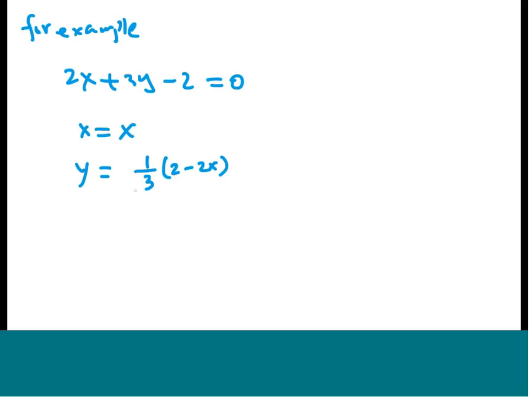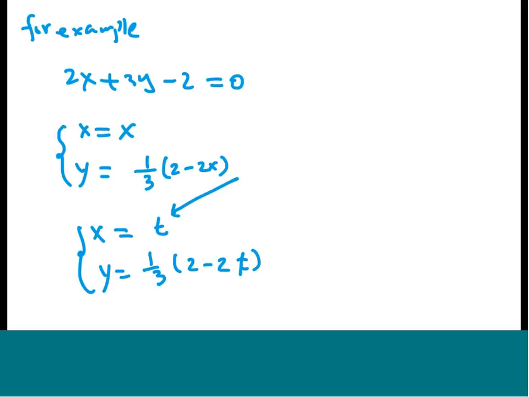Maybe you feel like it's not good. So x is a parameter now. Maybe that way you feel better. So only one parameter.